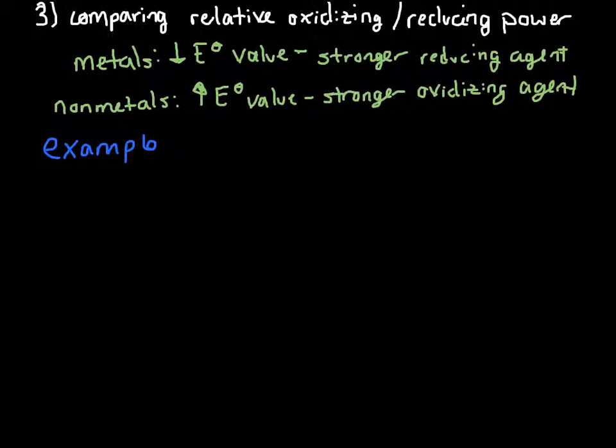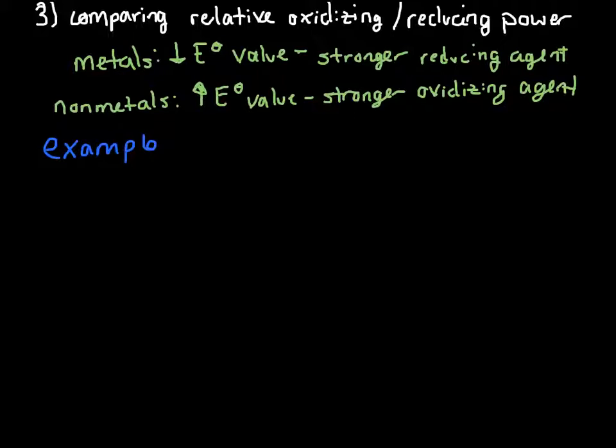The last example we have is comparing the relative oxidizing and reducing power between the voltaic cells. This is essentially going back to 9.3 and understanding what's going on with reducing and oxidizing agents. If we're looking at metals, the lower your E theta value is, the stronger the reducing agent.